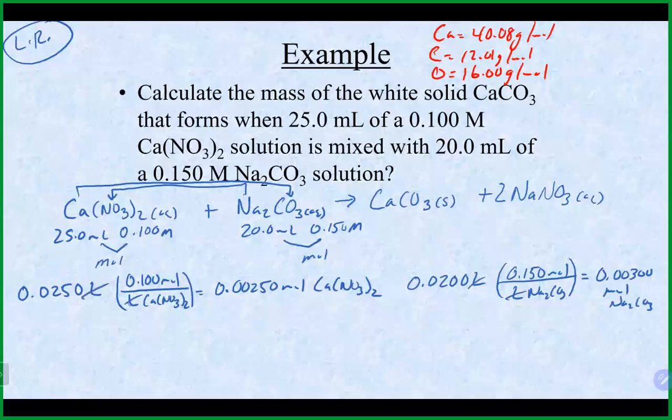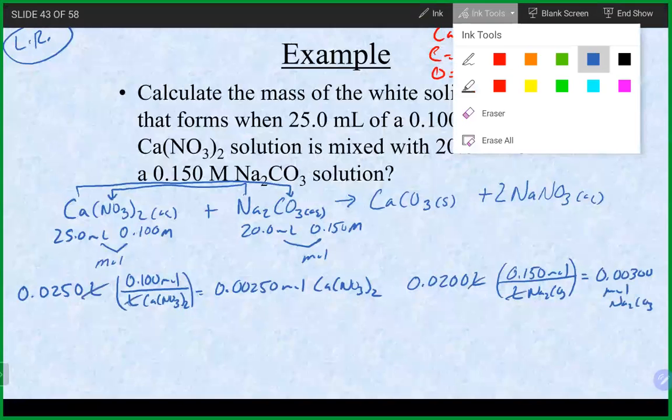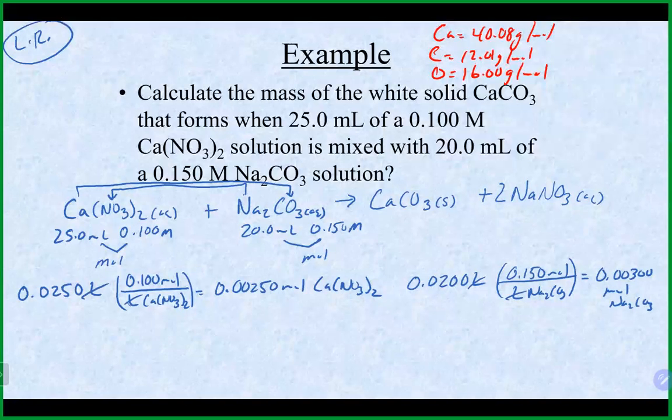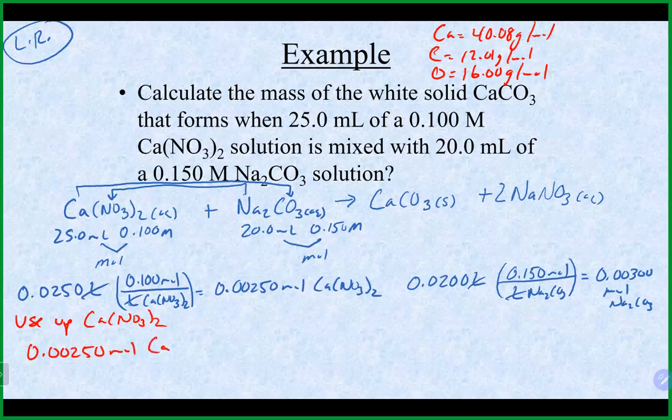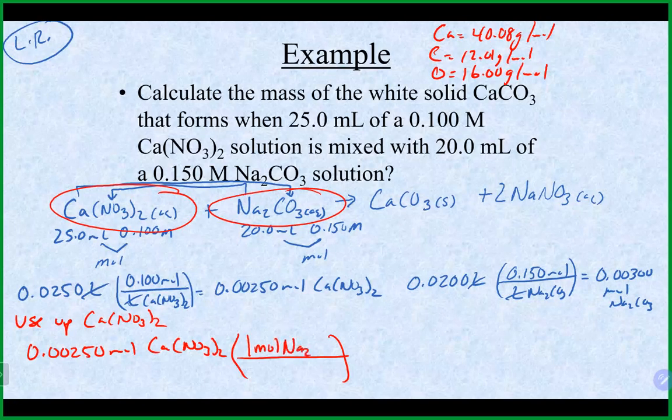Because it is a limiting reagent problem, remember we want to do a simple calculation to determine if I want to use up one of my reactants, how much of the other one is needed. So if I want to use up my calcium nitrate, I will do that calculation, which is 0.0025 moles of calcium nitrate, which is what I want to use up, using the mole to mole relationship between the calcium nitrate and the sodium carbonate, which happens to be a 1-to-1 relationship, which is nice.